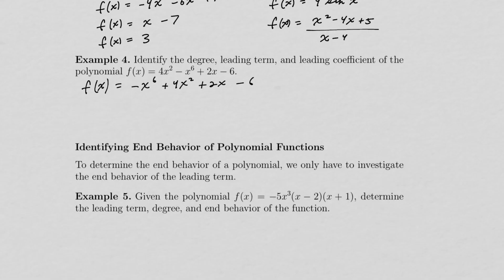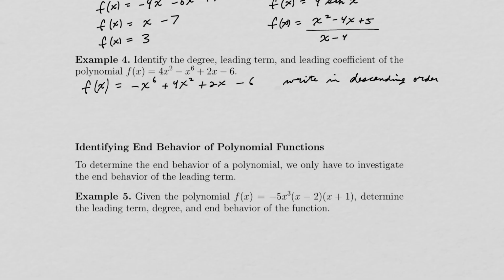Okay, you don't have to do this, but sometimes it's nice to just write it in descending order. Now we can easily pick out these terms and answer these questions.